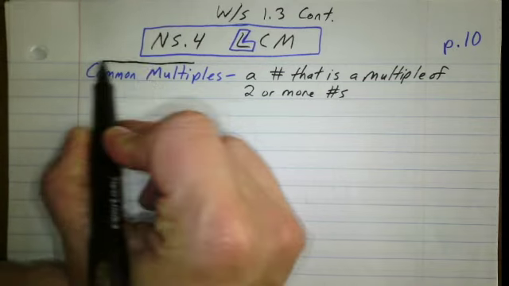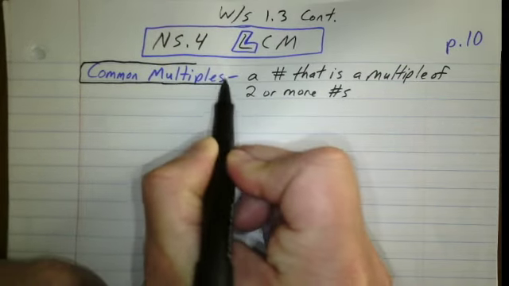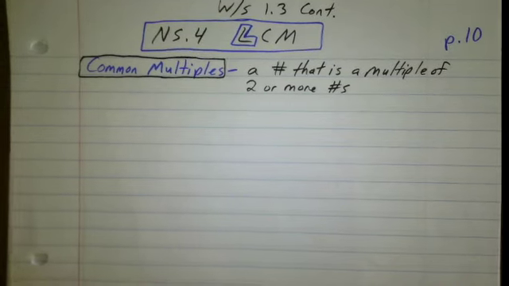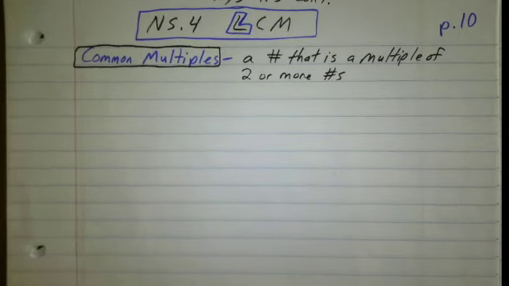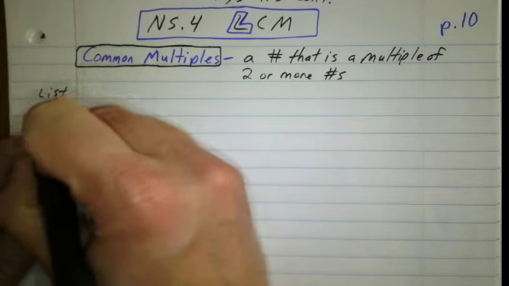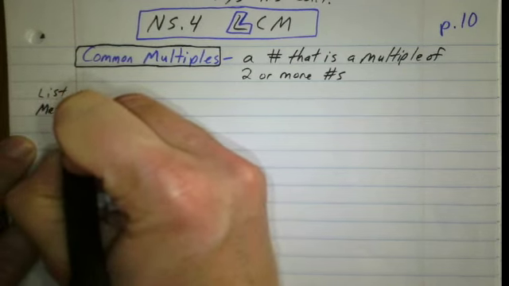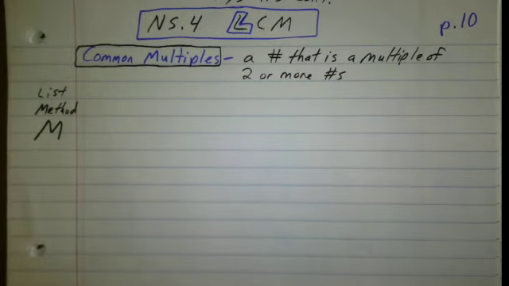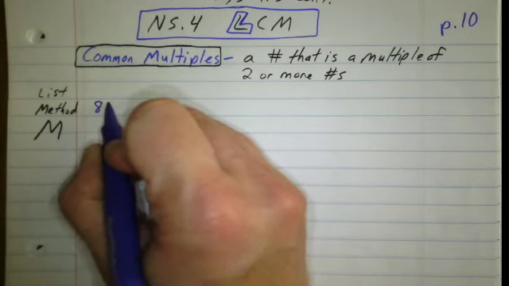So my example of common multiples, unfortunately, the list method is the old school method that many of you learned. Some of you even made it like an M when you were writing multiples. And that was basically like if I asked what are common multiples of 8 and 12, you would list them out like 8 and then 12.